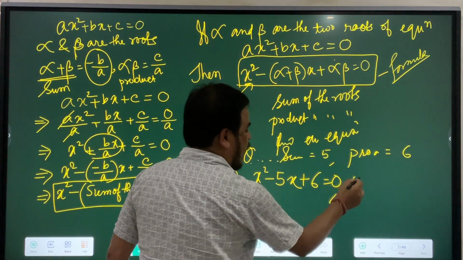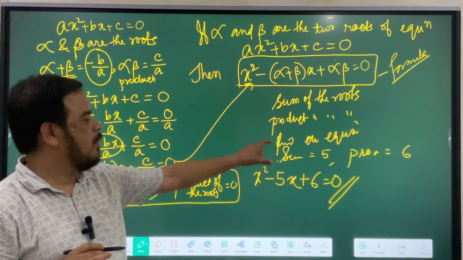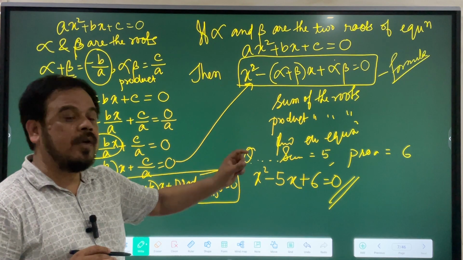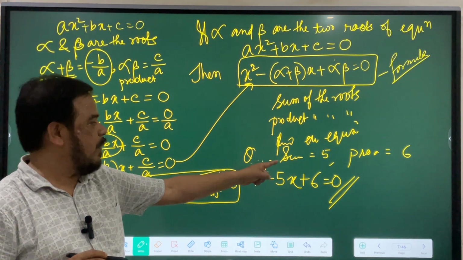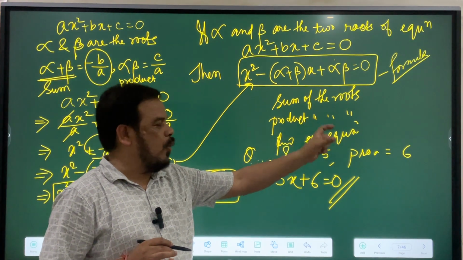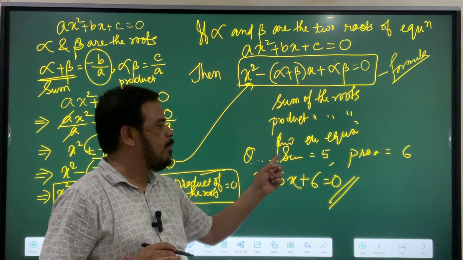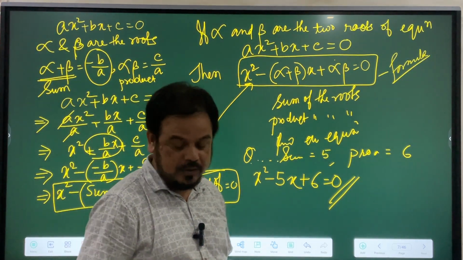So this is the quadratic equation we have found from the question. What is given in the question? Sum of both the values of x and product of both the values of x are given. So we can find out the equation with the help of sum and product. That is why this formula is used. I hope you understand.